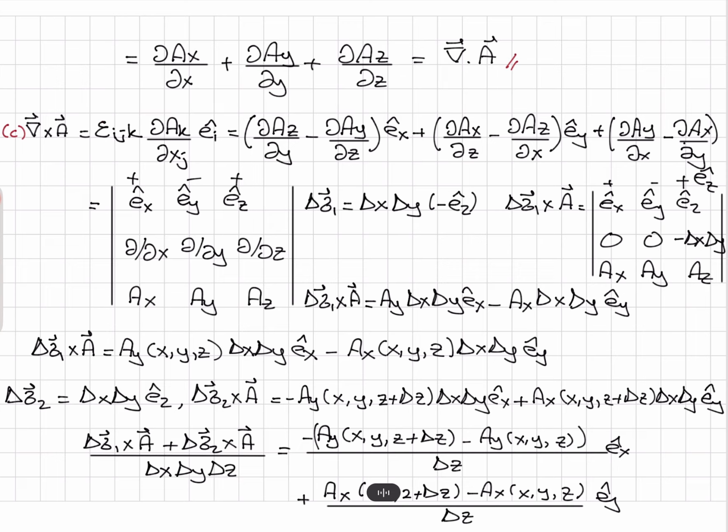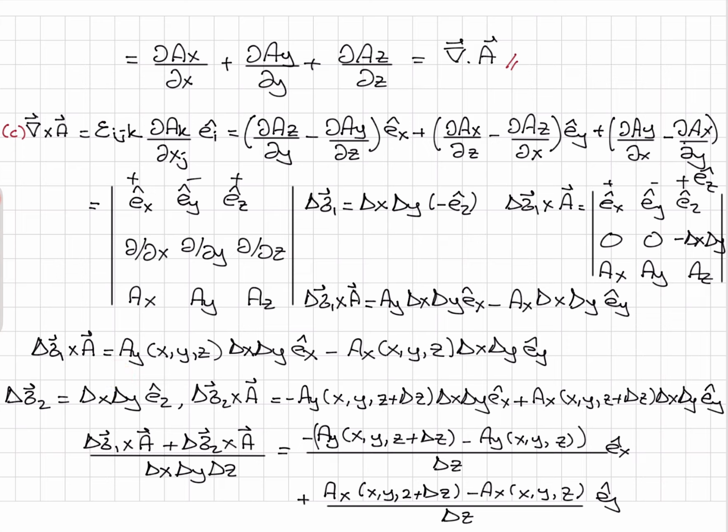Okay, so first we evaluated the curl using subscript summation notation or the determinant. We have written it explicitly here. This is what we are after. For each delta sigma vector, the area vector, we have written down these vectors explicitly and taken the cross product with vector A. So delta sigma cross A for each of them.